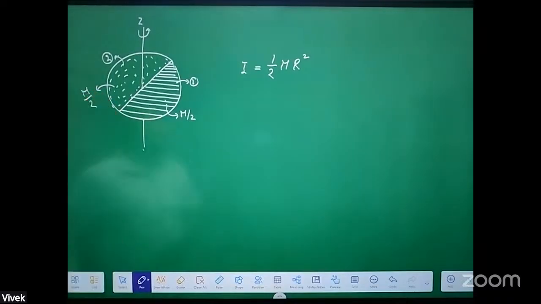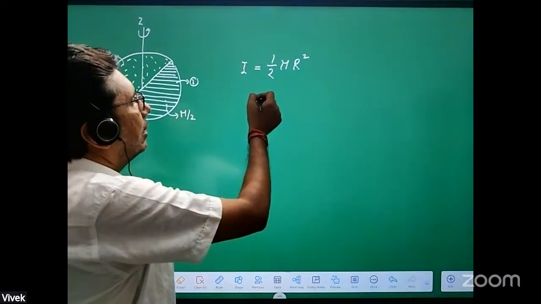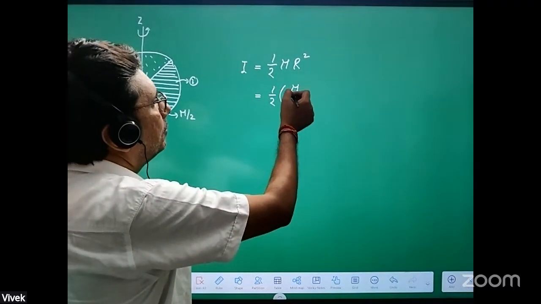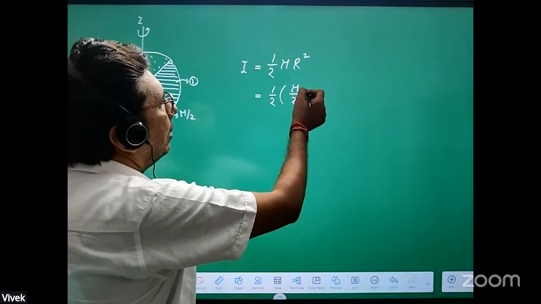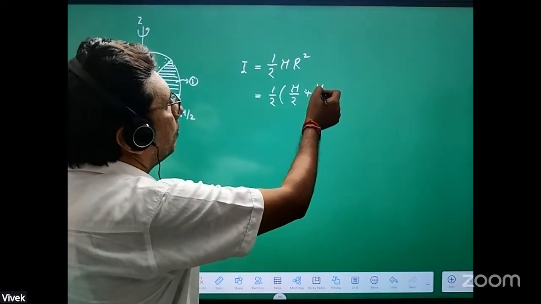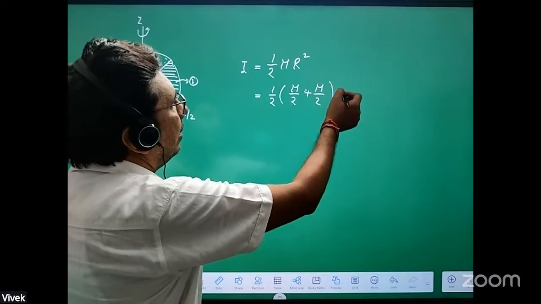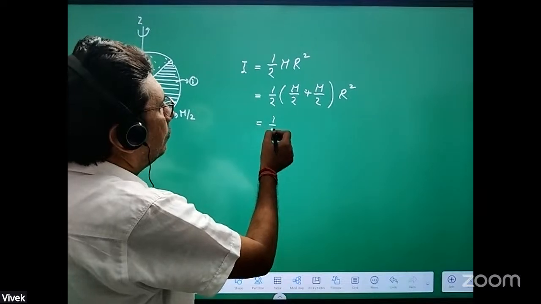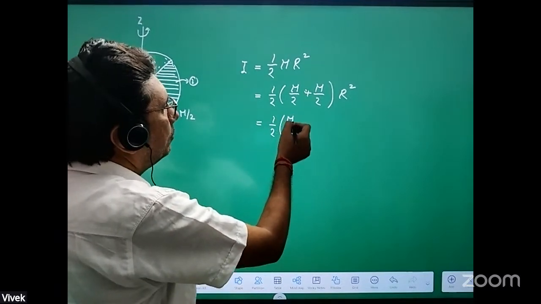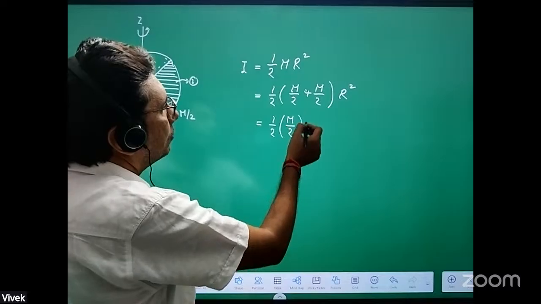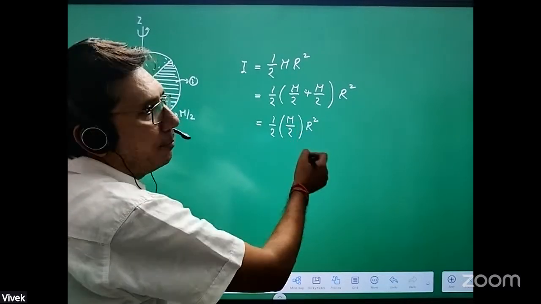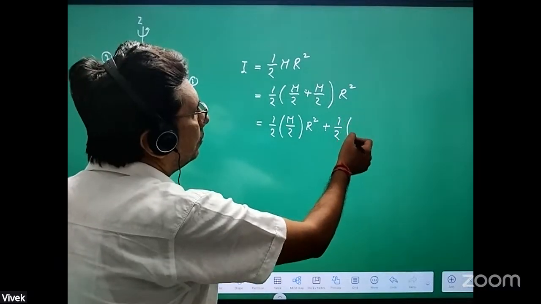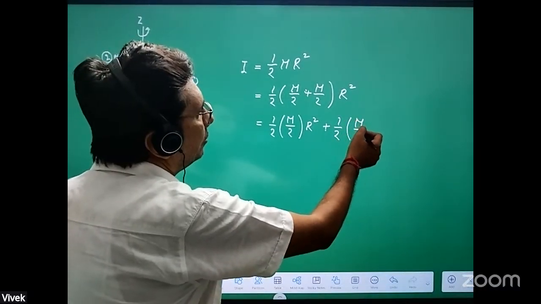So I can write this as 1 by 2 (M by 2 plus M by 2) R². So it will be simply 1 by 2 into M by 2 R². You are saying correct, 1 by 4 MR², but intentionally I am writing like this, 1 by 2 M by 2 R².